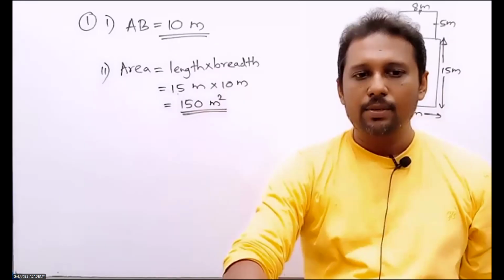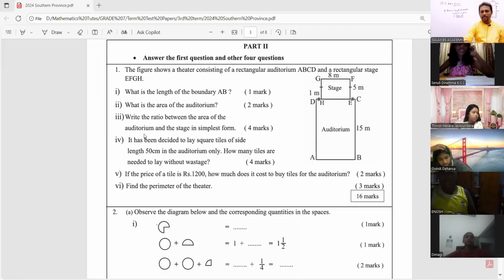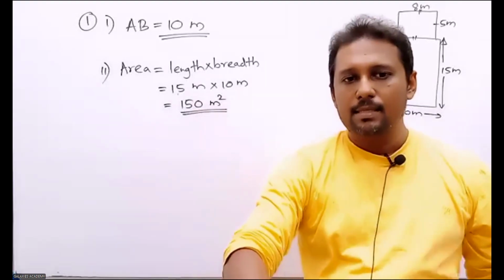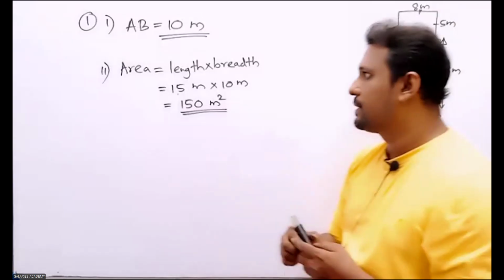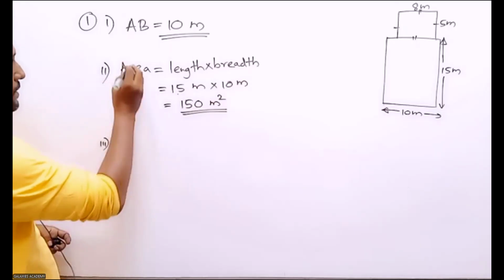Right. Then let's go to the third one. Third part, write the ratio between the area of the auditorium and the stage in simplest form. Right. That means you have to find the area of the stage. This is the auditorium.